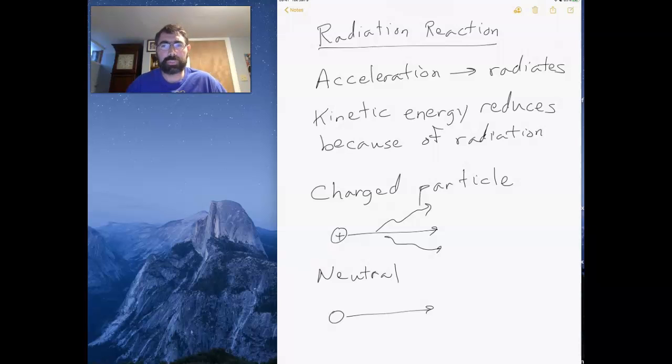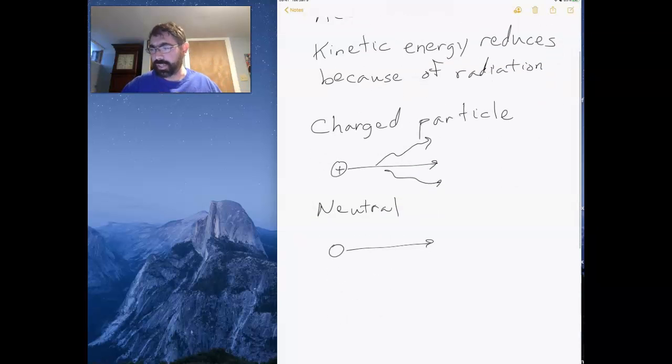So therefore the charged particle should have some sort of force applied to it that the neutral particle does not. Or another way of saying it is that the acceleration for a neutral is greater than the acceleration for a charged particle. Okay, that's our logic so far, and we'll have to see where that takes us.